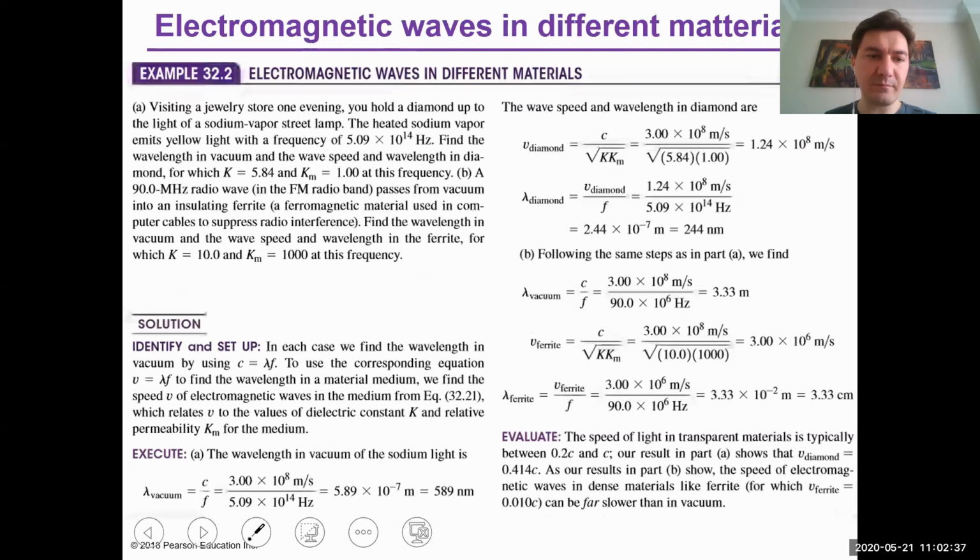Then put it there: C, speed of light, is given, and frequency is given, 5 times 10 to 14 hertz. So finally we can calculate the wavelength of the sodium light in vacuum, 589 nanometer.